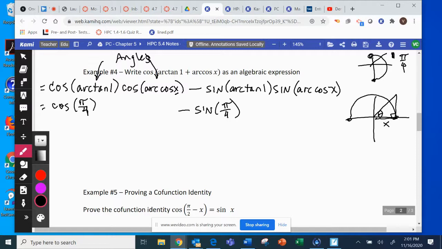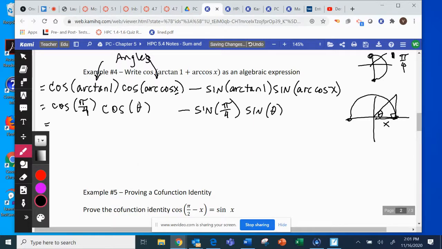I'll just call it theta. It's that theta right there. So I'm just going to put cosine theta. And over here, I'll put sine theta.